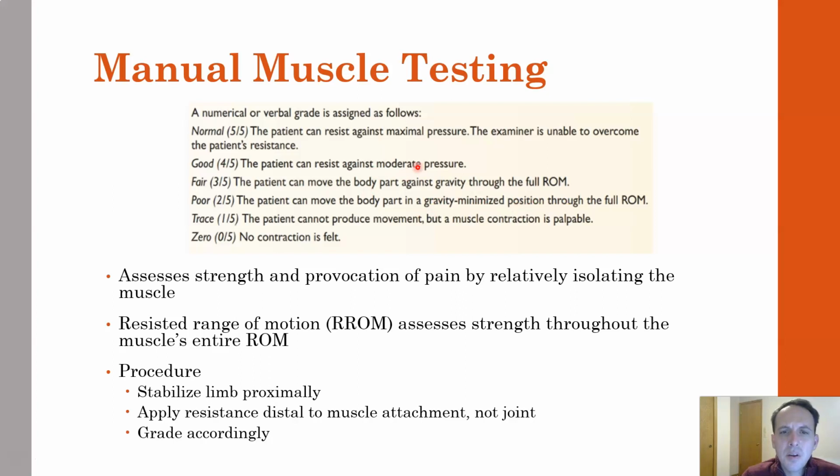So think of this, if you can move against gravity, gravity is a form of resistance. And so that is 3, you can go against gravity.